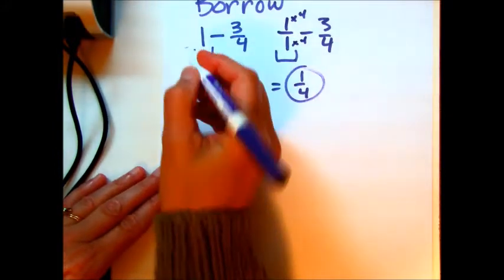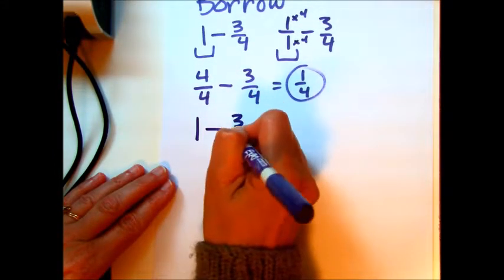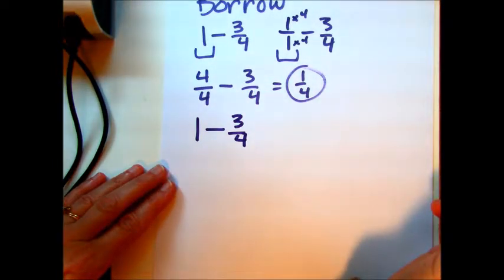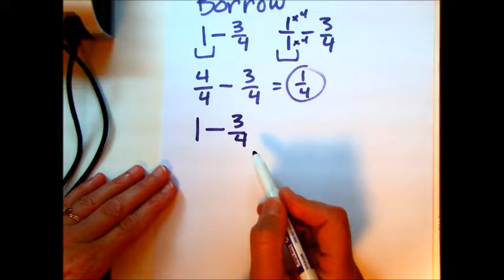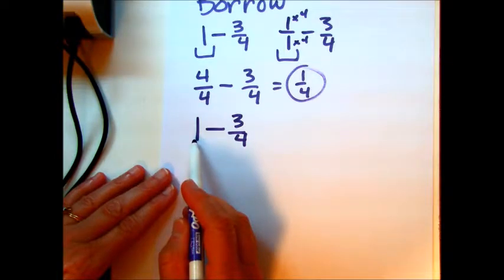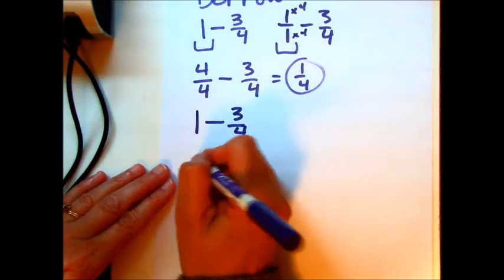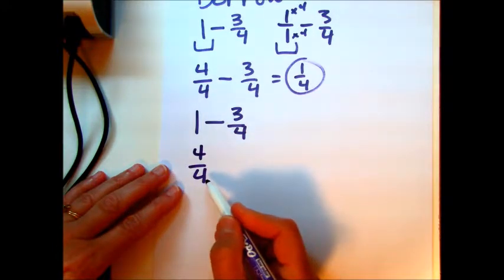I'm going to go ahead and start off with the original problem, 1 take away 3/4. Okay, now knowing that I need to have common denominators when I'm going to add or subtract fractions, I'm going to go ahead and change this to 4/4. Because 4/4 is equivalent to 1.